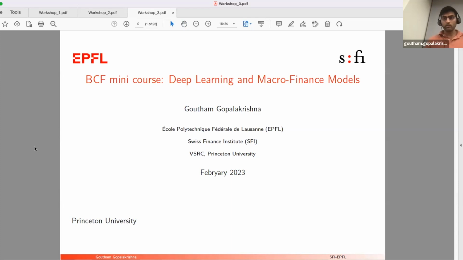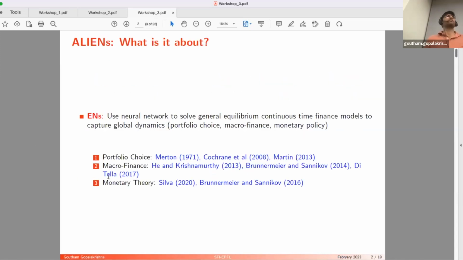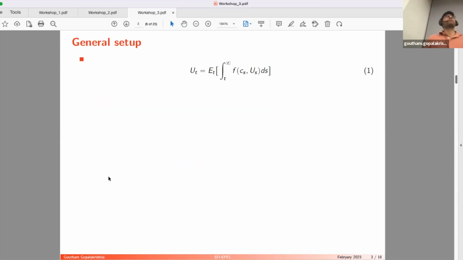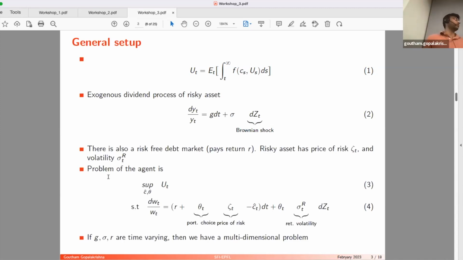All right, so finally, we will get into the macro model. I was planning to do this on Monday, but let me just show you what we are going to do. First, I'm going to introduce what kinds of problems we can solve. Now you don't need to understand every slide. I'm just showing you what we will see on Monday. This is kind of the general setup that you have. If you've taken Econ 509, it's going to be very familiar.